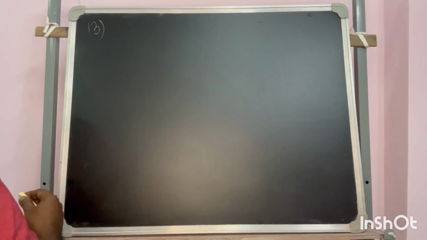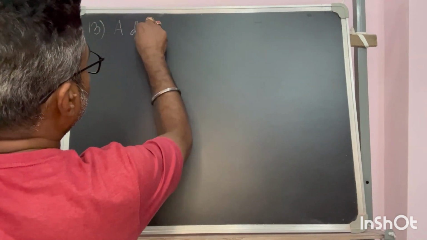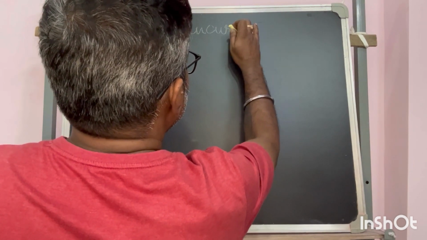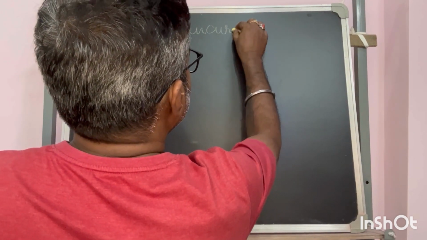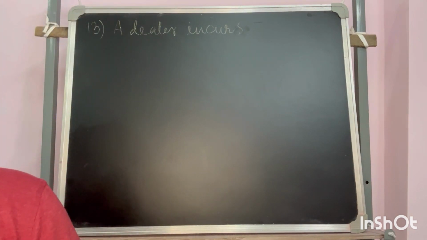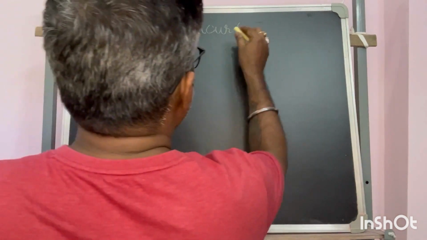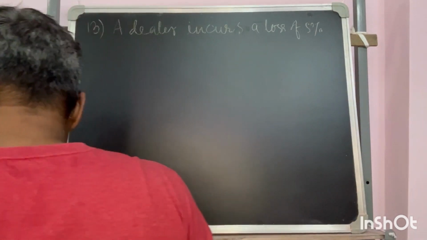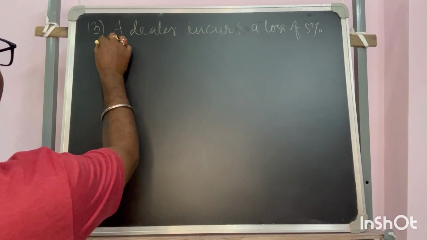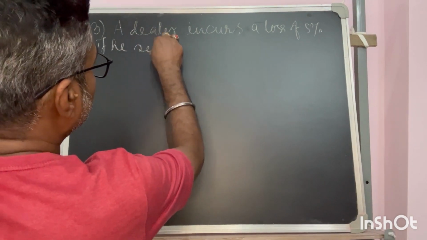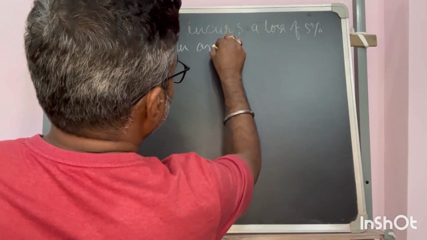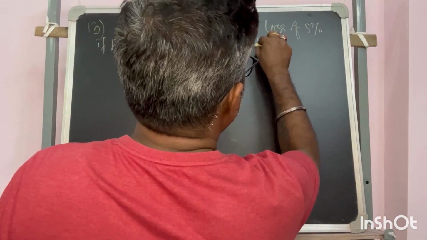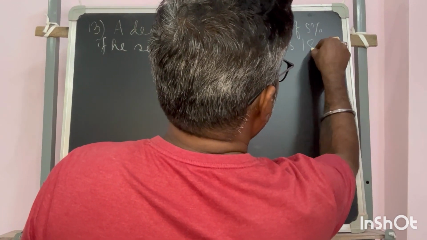13 says a dealer incurs a loss of 5% if he sells an article for rupees 1805.